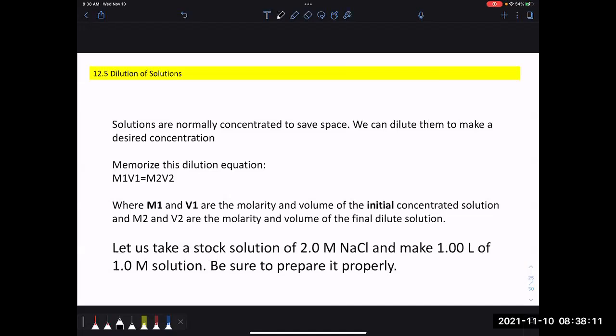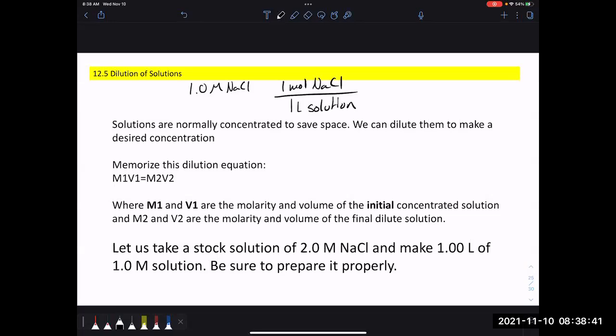Solutions are normally concentrated to save space. If we have something like a 1.0 molar sodium chloride solution, that's 1 mole of sodium chloride per 1 liter of solution.